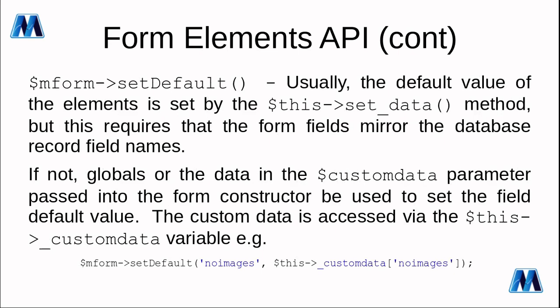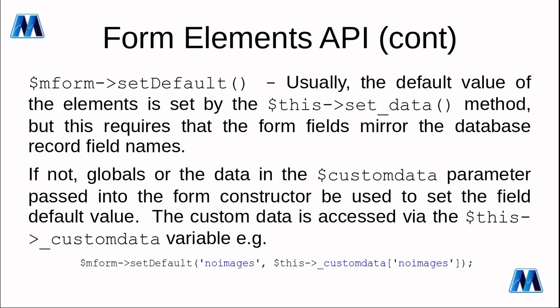The other method that is useful is the set default method. Now, usually the default value of your elements in a form are set by the set data method, and that usually works if the form fields mirror the database record field names.